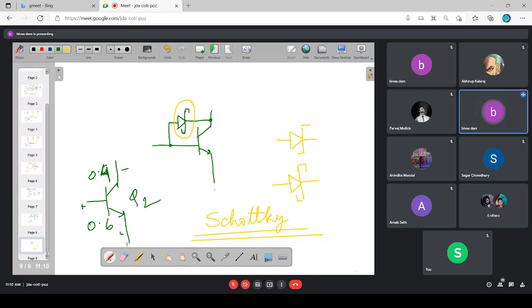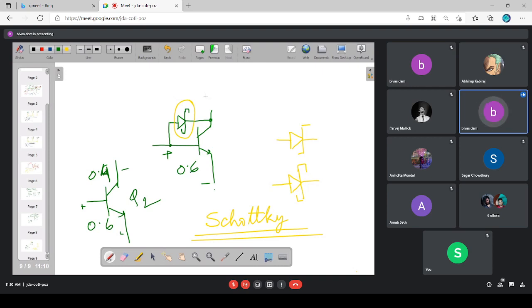Now, if I introduce one Schottky diode between the base and the collector, when I try to turn Q2 on, this will be plus minus 0.6. There is no confusion in that.